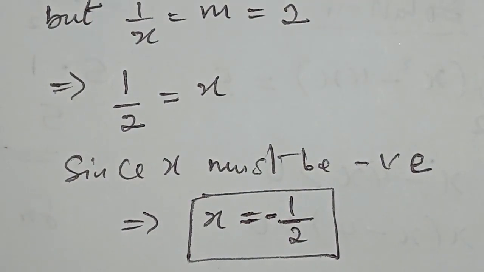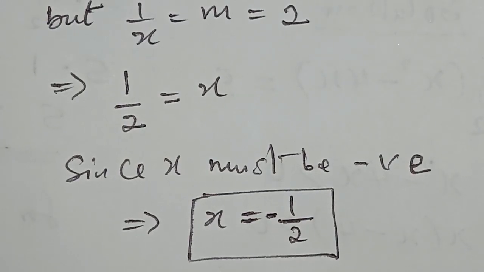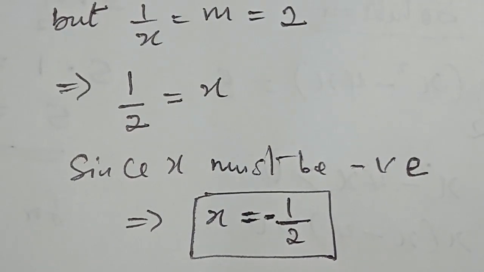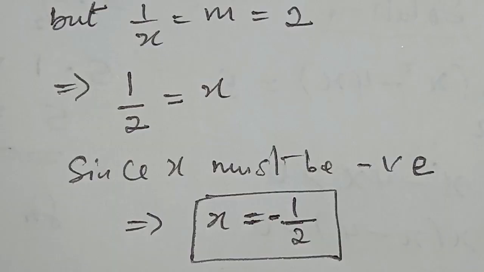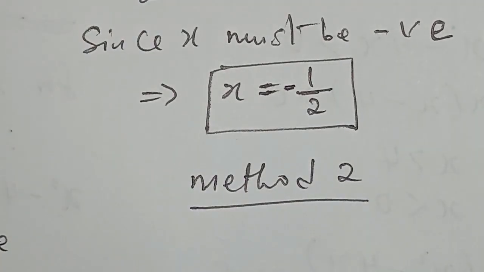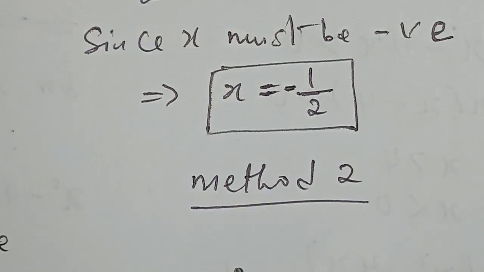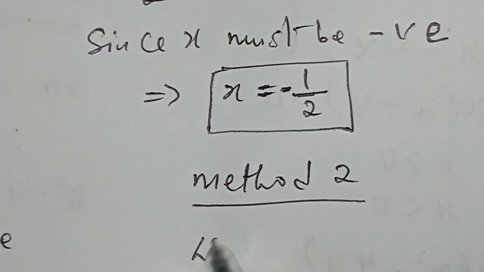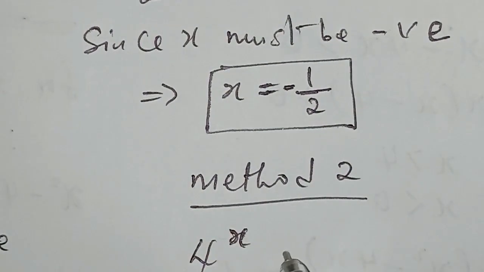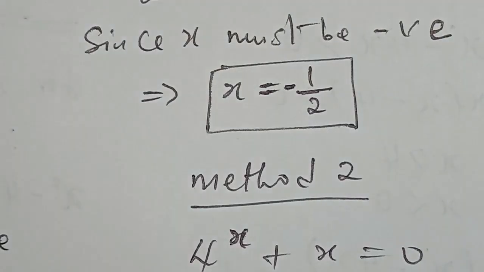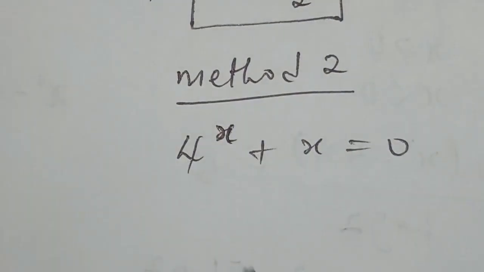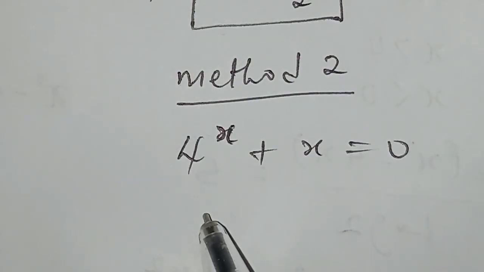Another approach to this equation is using this interesting method. If we have 4 to the power of x plus x equal to 0, we can outrightly divide both sides by 4 to the power of x.